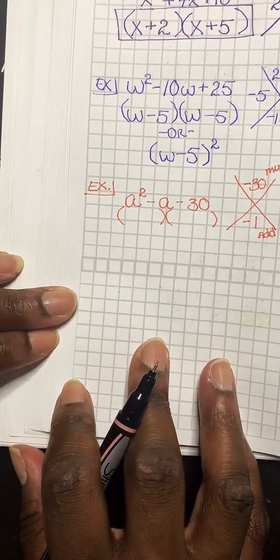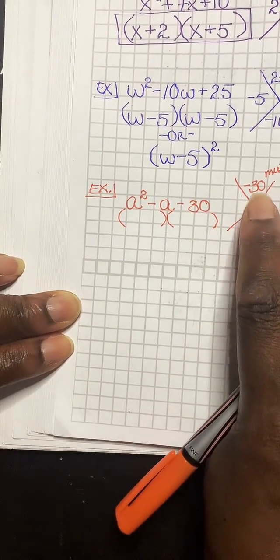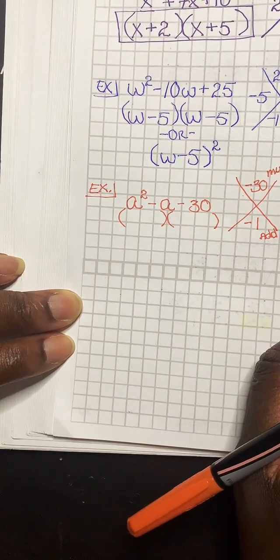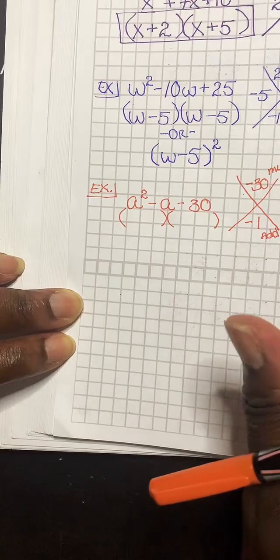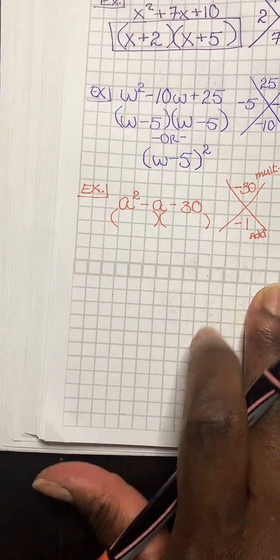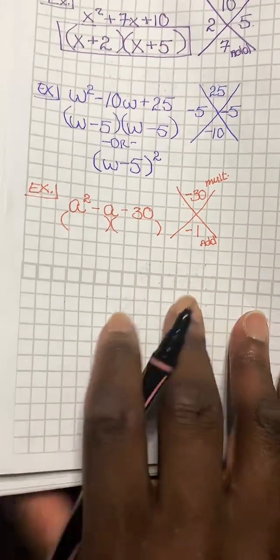All right. So through multiplication, let's revisit real quick, because I'm getting some 30s and 1s, some 15s and 1s, but I'm also getting 6 and 5s. I'll talk about the signs. Let's think of the multiplication of negative 30.